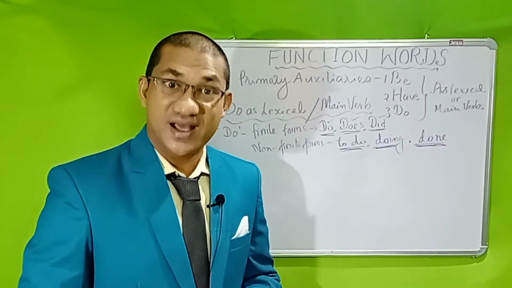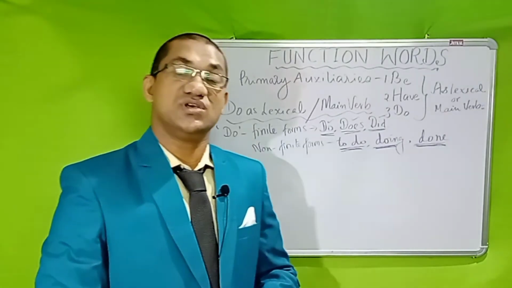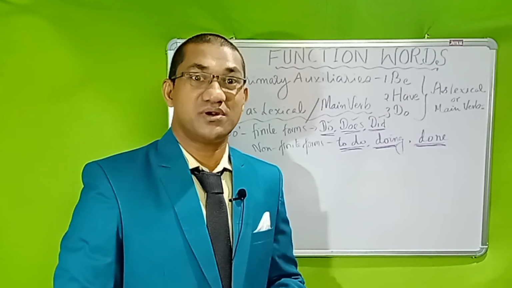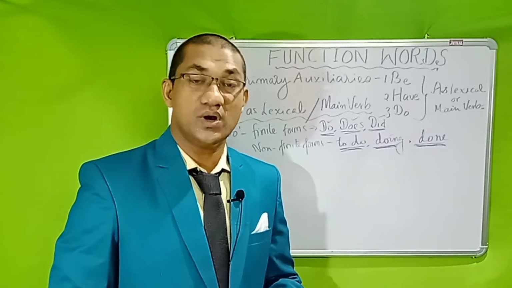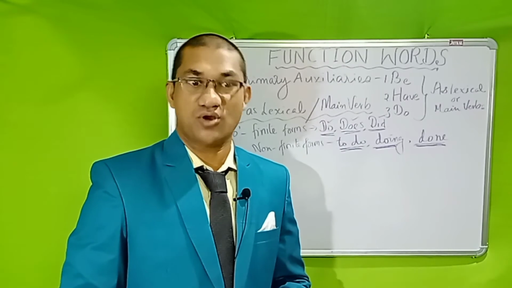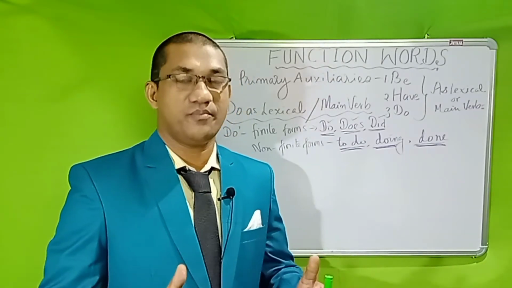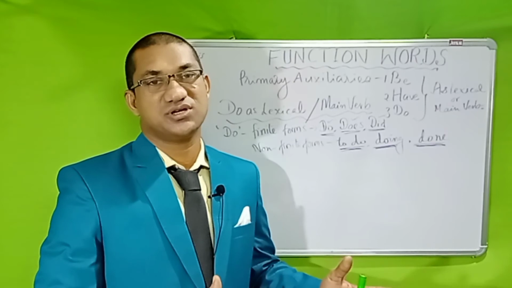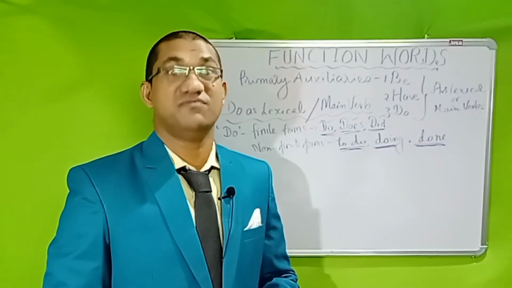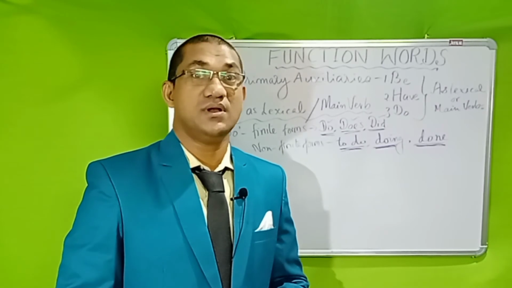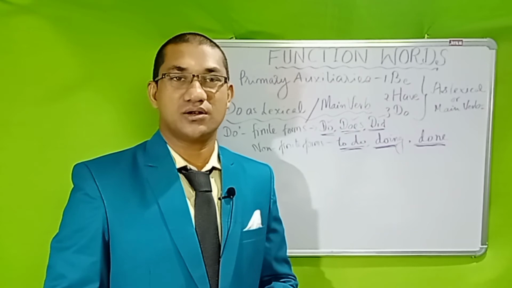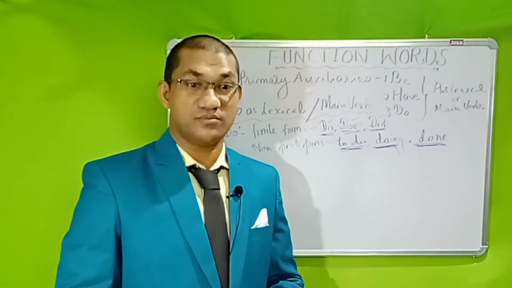Let us understand that the third auxiliary, the primary auxiliary do, and its forms have finite forms as well as non-finite forms. A form which agrees with the subject in number and tense is known as the finite form, and a form that is not affected by number and tense is known as the non-finite form.